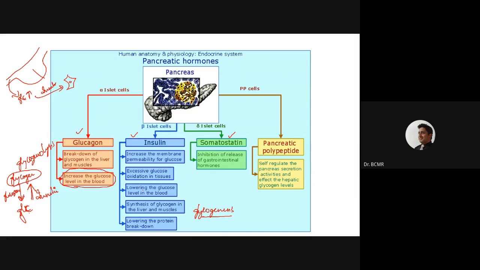So these two are antagonists in several ways. You have to remember these two functions. Glucagon is produced by alpha cells, and insulin is produced by beta cells. Islets of Langerhans and other things, I guess you know those.